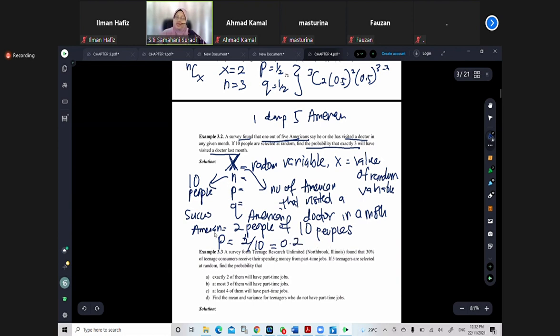This is the important part. You must know how to interpret P and Q. The rest of the equation you just substitute. If you interpret wrongly, everything is wrong. So please be careful, class.